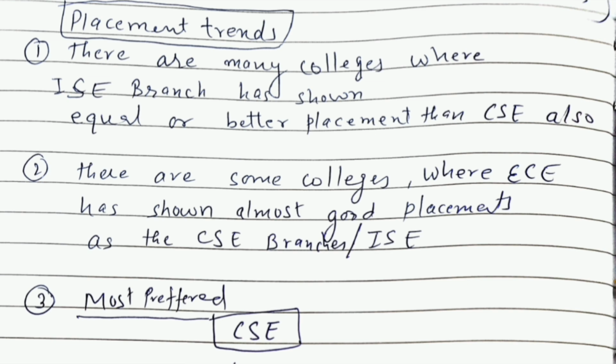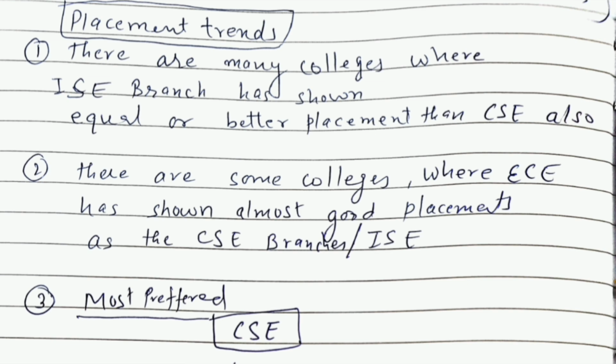The placement trends from the colleges I have reviewed show that CSE is the most preferred branch, right? But I've seen many top notch colleges where ISE branch placement was equal to or better than CSE in some of them, right? So ISE is also an important branch, and it has been there for the last 20 years.